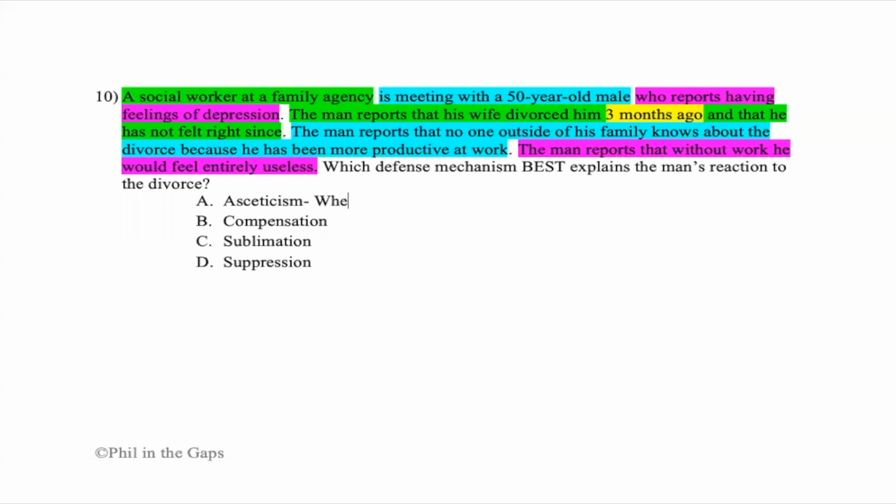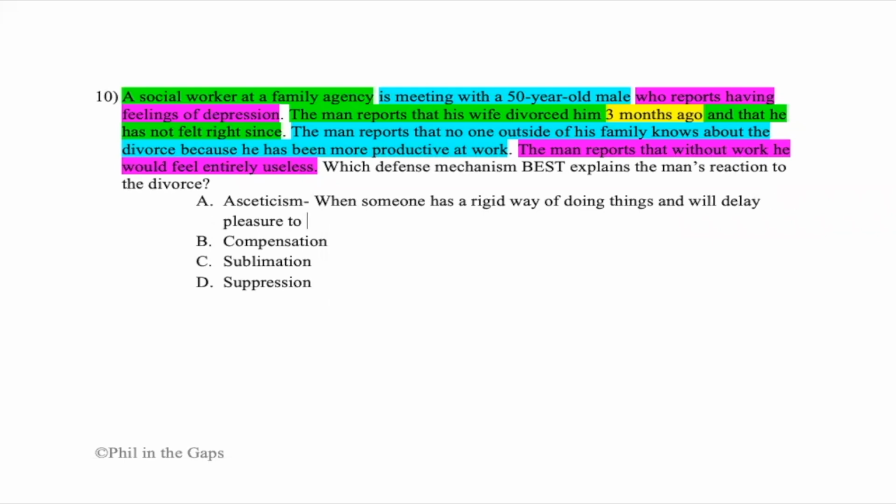Asceticism is when someone has a rigid way of doing things and will delay pleasure to accomplish a particular goal.